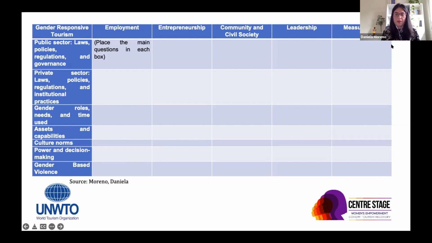This means that with matrix number 1, you know the challenges and gaps that you want to reduce through your rapid gender assessment. And then we need some questions to answer, right? So this matrix is going to allow us to really know what the main questions are that I have to answer through my rapid gender assessment.